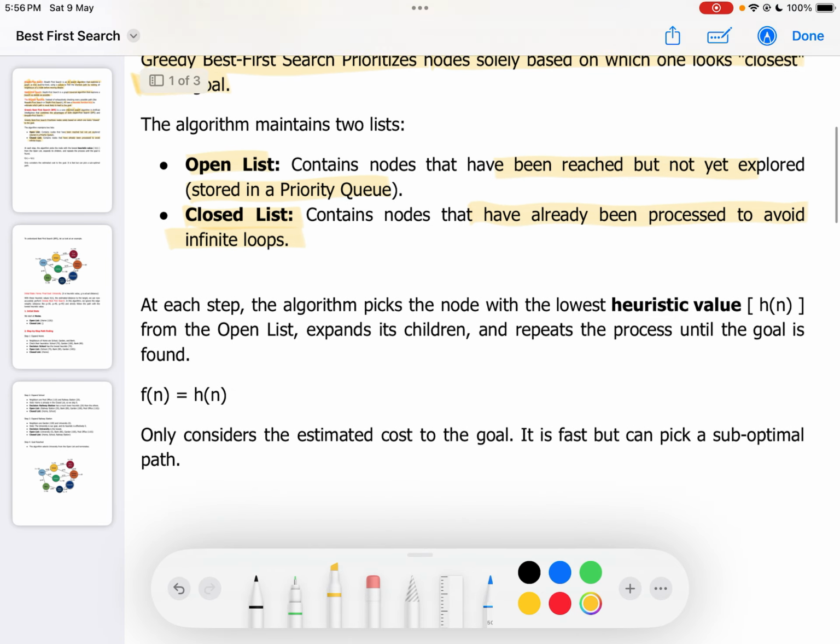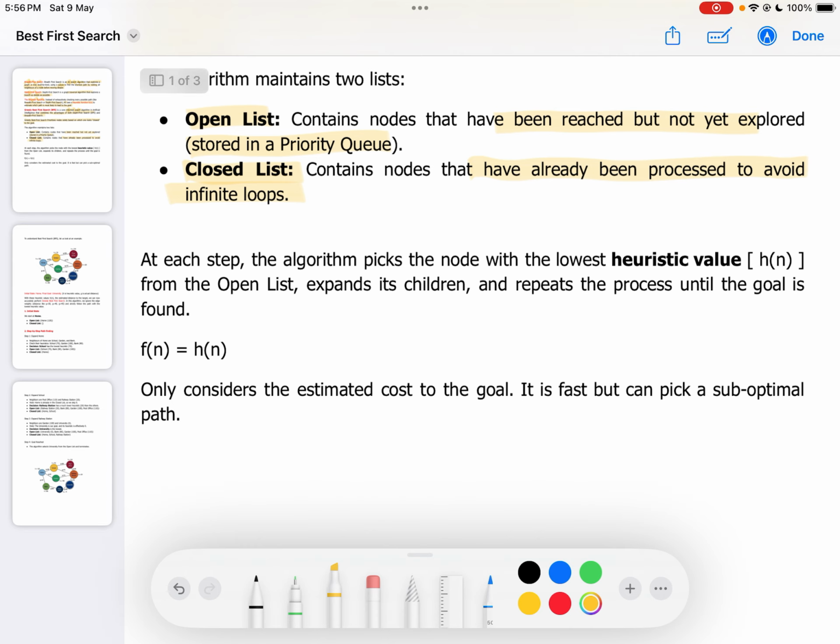Second, at each step the algorithm picks the lowest heuristic value. It opens the list and looks for the node with the lowest heuristic value. So if the lowest value is in the next node, it will open the list, expand the children, and repeat the process until the goal is found.